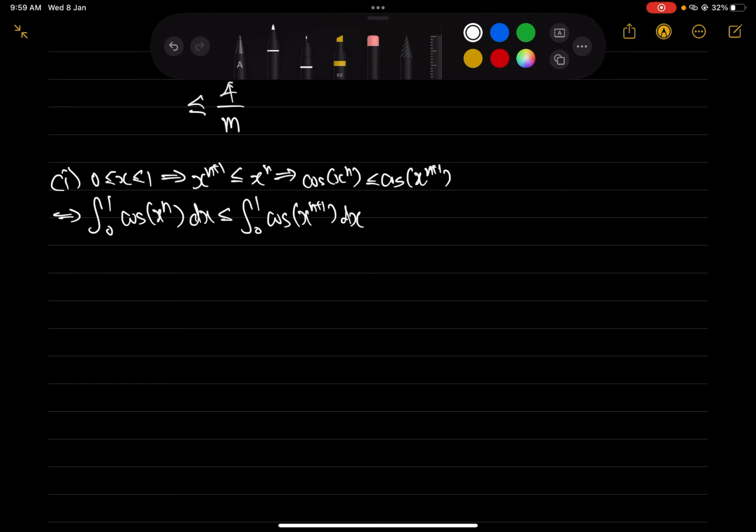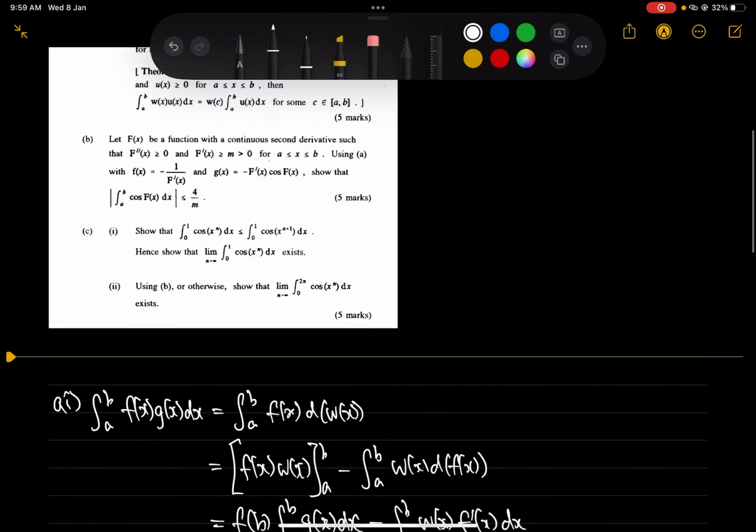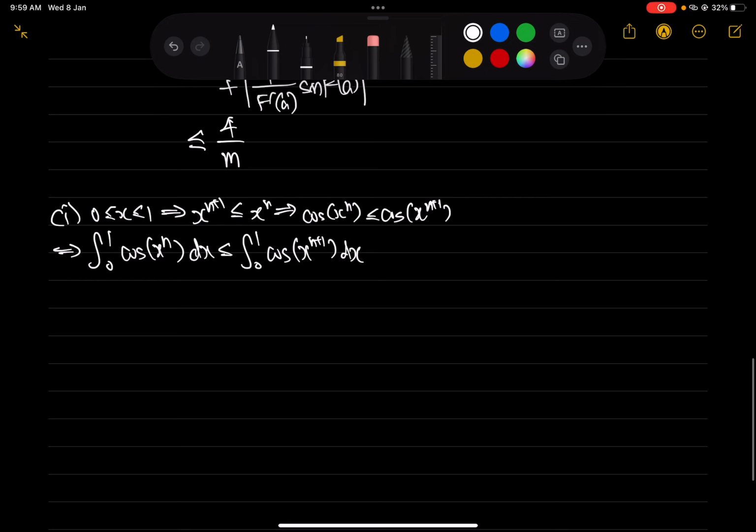Okay, so this one is the easy part. Now it comes down to another part.